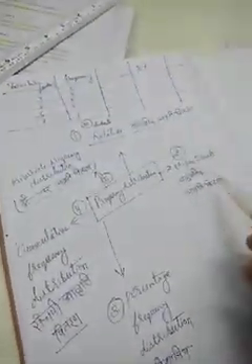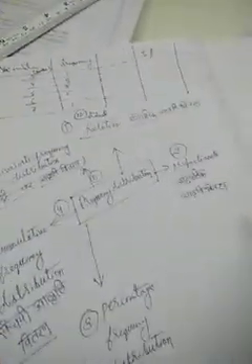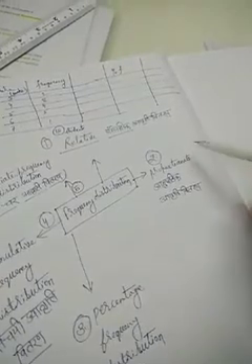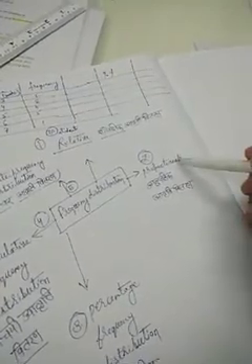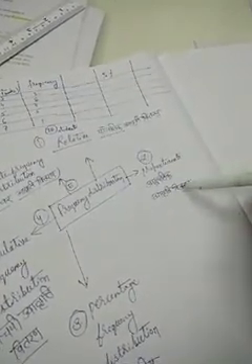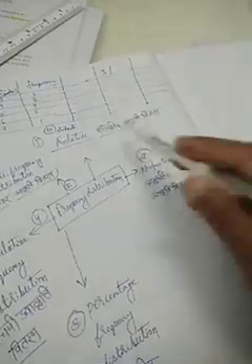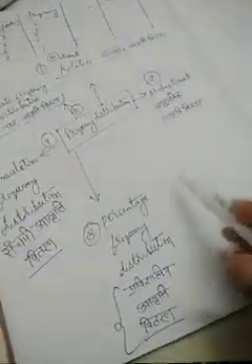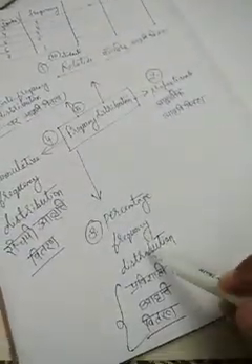Now, some more kinds of frequency distribution are relative frequency distribution and proportionate frequency distribution. These two are almost the same, only the name differs. Then the third one is percentage frequency distribution.